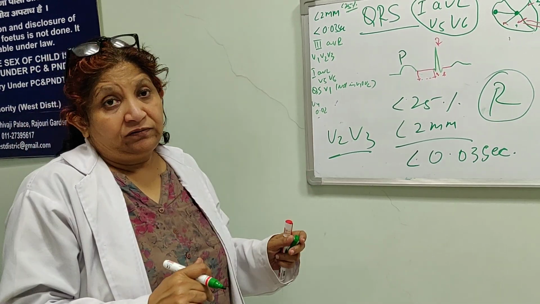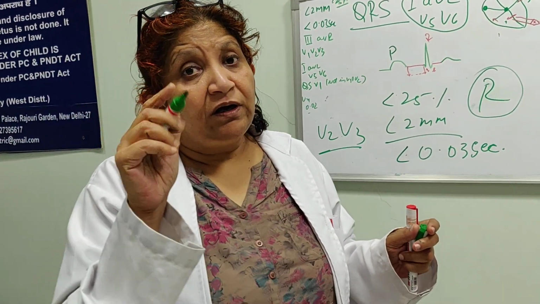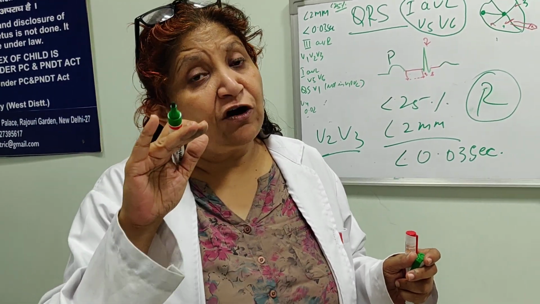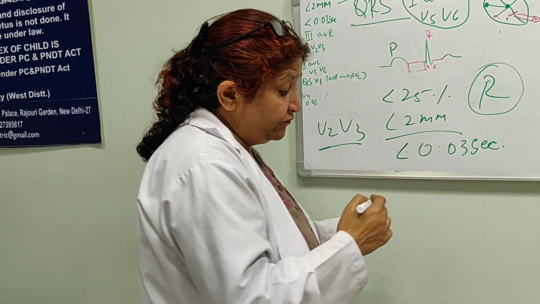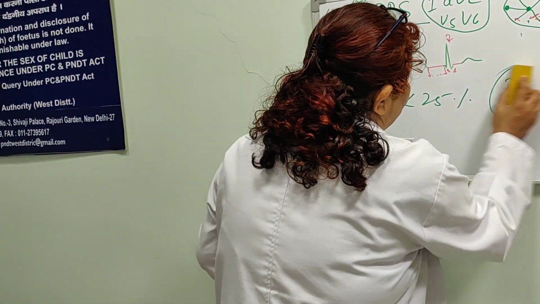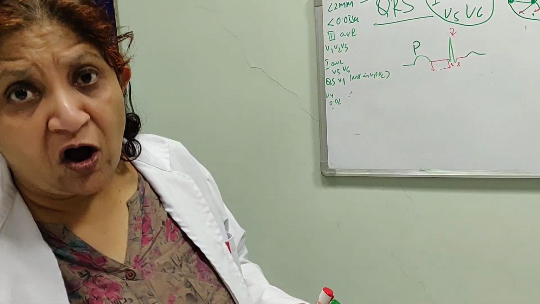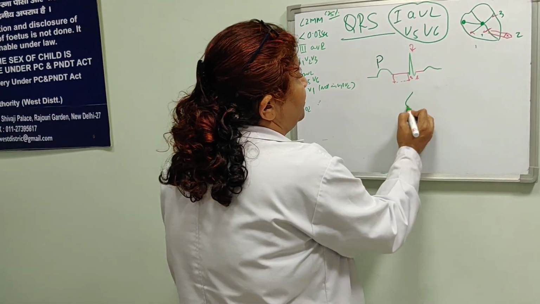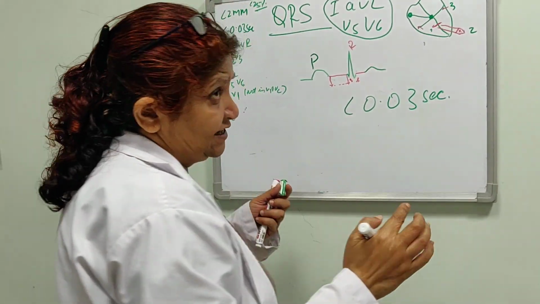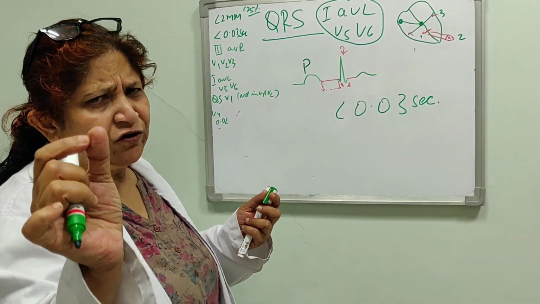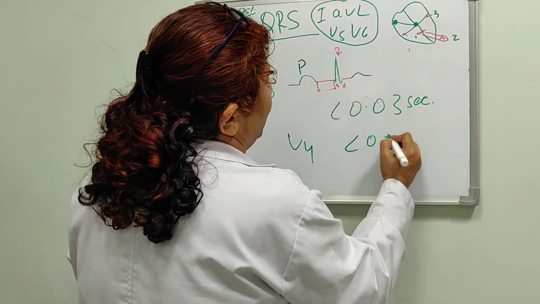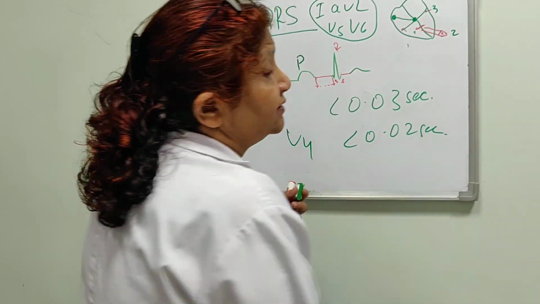And in V4, only in V4, the Q wave should be even less than 0.02. So that is the cutoff for V4 lead. In all other leads, it should be less than 0.03 seconds. That means less than a part of one small segment. And in V4, it should be less than 0.02 seconds.